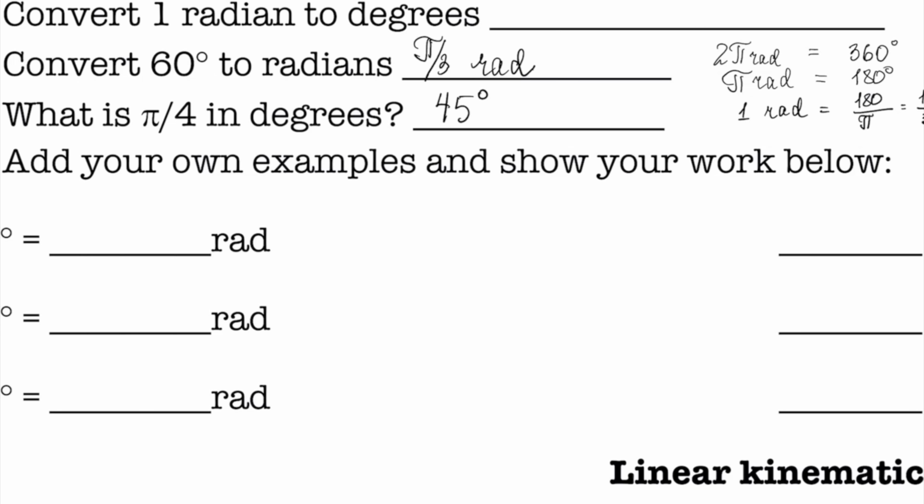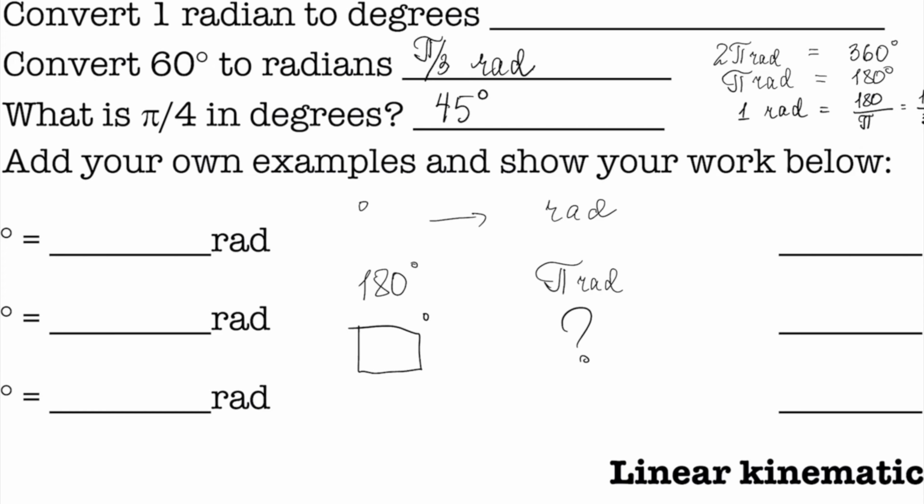If I want to go from degrees to radians, I'm going to say 180 is to pi radians as my input in degrees is to question mark. And then I cross multiply. When I cross multiply, I have these two multiplied by each other and then divided by 180. So my question mark is going to be pi times my input in degrees divided by 180.